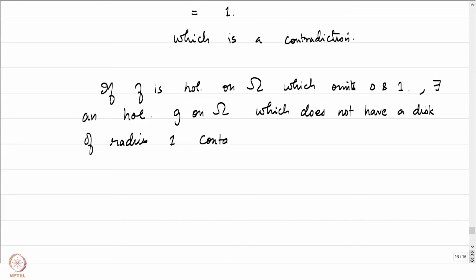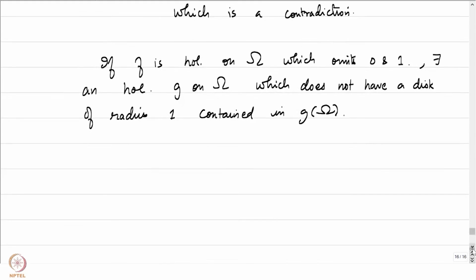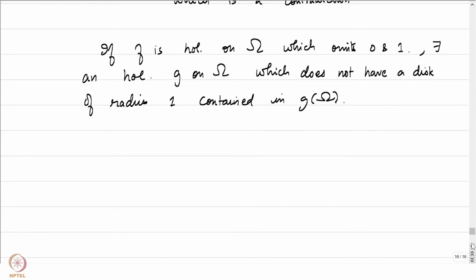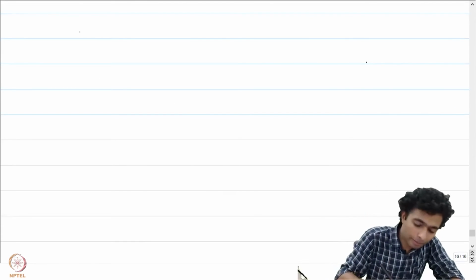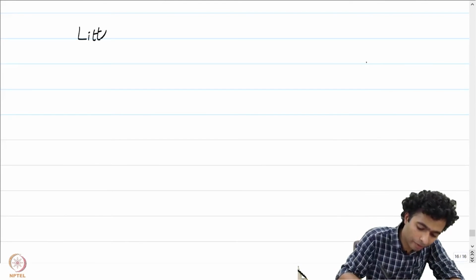This is precisely what we have proved till now. So, if f is a function on some simply connected set which omits 0 and 1, this is precisely what we have. Let me now state and prove the little Picard's theorem. Little Picard's theorem states the following.